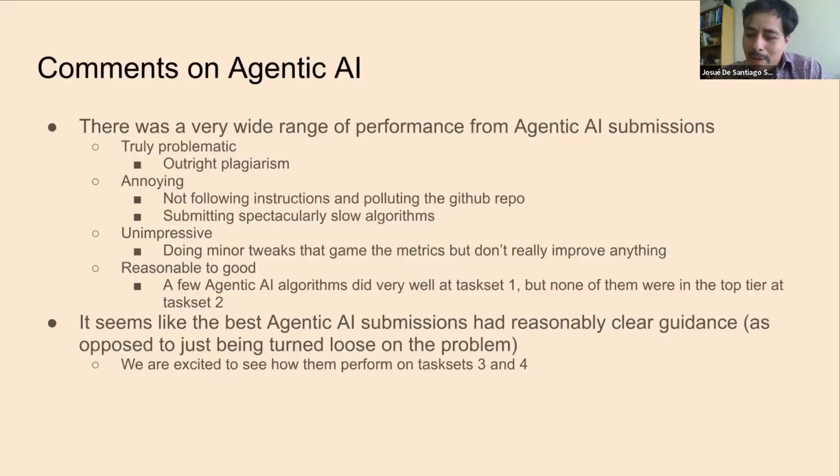Actually, some of them were problematic. Like one of them was trying to copy one of the submissions that was already in place. So at least for that, we think that those algorithms still need some kind of human supervision. But still we don't know what will happen in tasks number 3 and 4, so maybe they can have better behavior. Next, please.